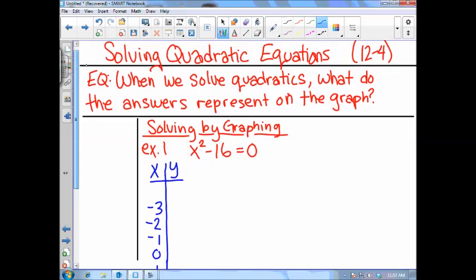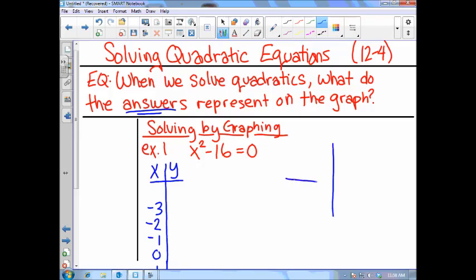Because it says, when we solve quadratics, what do the answers represent? So an answer, when you solve a quadratic, what does that answer mean, or what do we look for? Jared? It has to equal a certain number. So when we have a graph, the solution is where the graph crosses the x-axis.